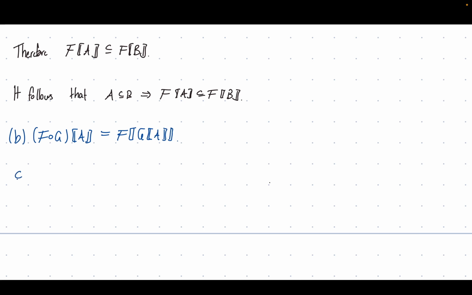So let's do both sides. Let's suppose Y is in the image of F compose G under A. Then there exists some X in A such that X comma Y is in F compose G, right?